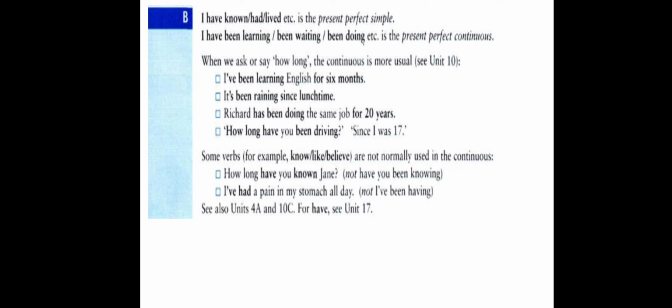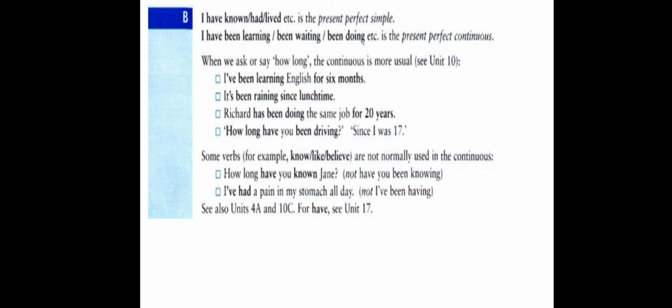So we say, I have been driving since I was 17. Imagine that I was 17 in 2015. So today I am 22. So since I was 17 means since 2015. And this is the start or the beginning of the action.